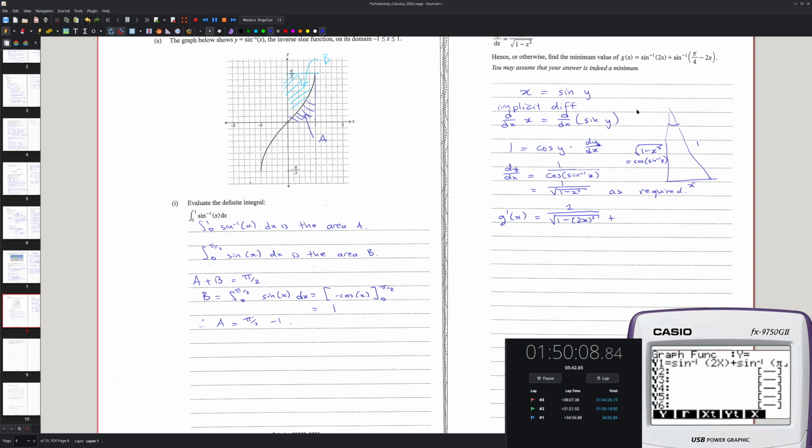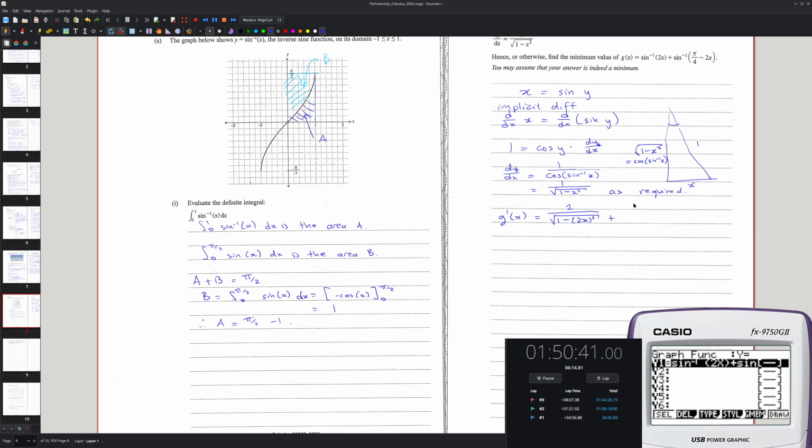What? Pi on 4 minus 2x? Okay, there must be a geometric interpretation to this, but we ball, okay.